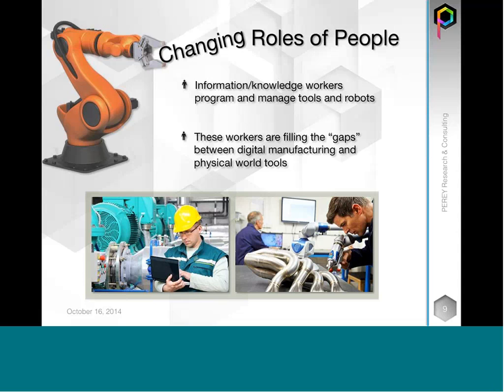People are filling the gaps where digital manufacturing hasn't penetrated or where it can't because a human being has to make a decision. So there is still a gap, and this is very much the role of the person. As you can see in the lower right-hand image, this is a person who's working alongside a machine in doing a task perhaps twice as fast.